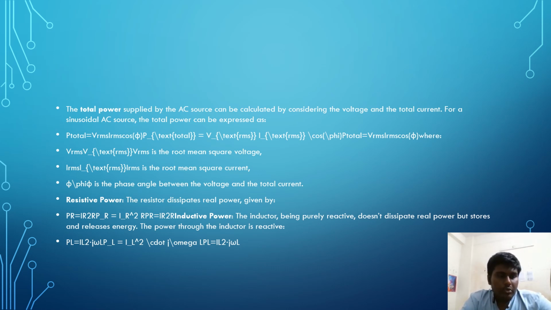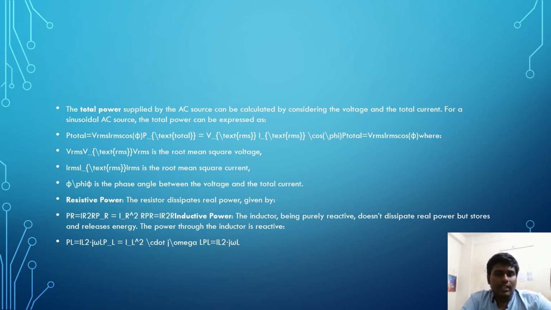And as we get to this slide, the total power supplied by the AC source can be calculated considering the voltage and the total current. P total equals Vrms into Irms into cos phi. And we know that Vrms equals Vmax by root 2.